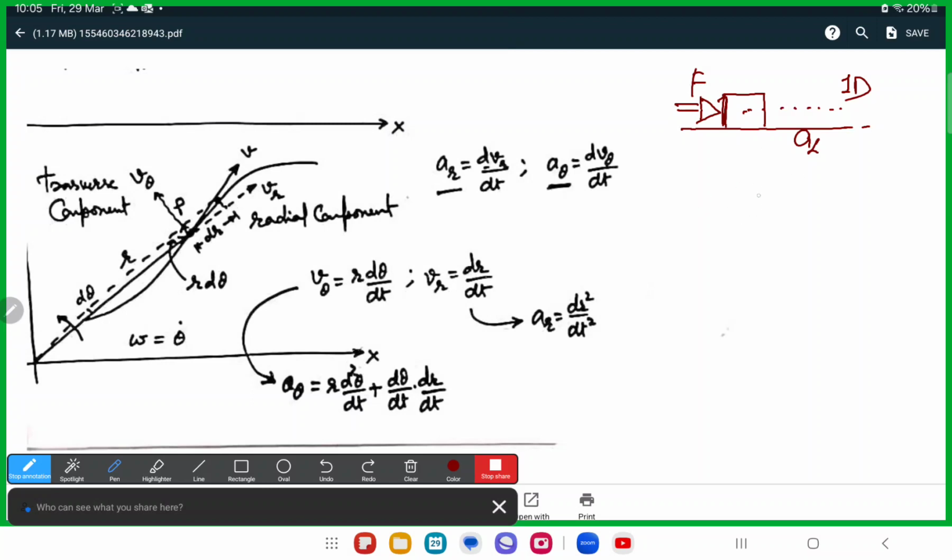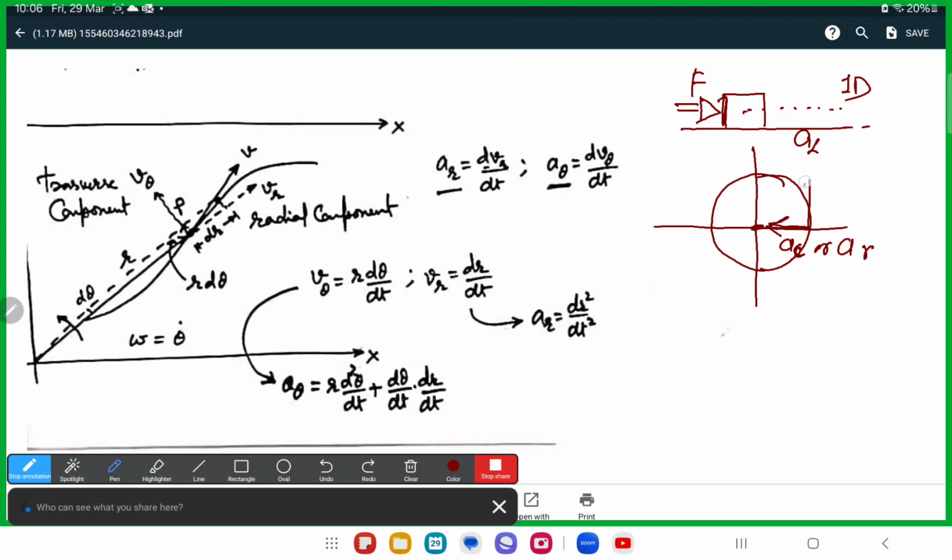Now what exactly happens in 2D motion? You have seen a specific case of it, that is circular motion. It has two types of acceleration that you frequently see. One is called centripetal, or we can also call it radial, because it is acting along the center of this special curve, that is the circle. But for any general motion, the general motion is curvilinear motion, and the circle is one specific case.